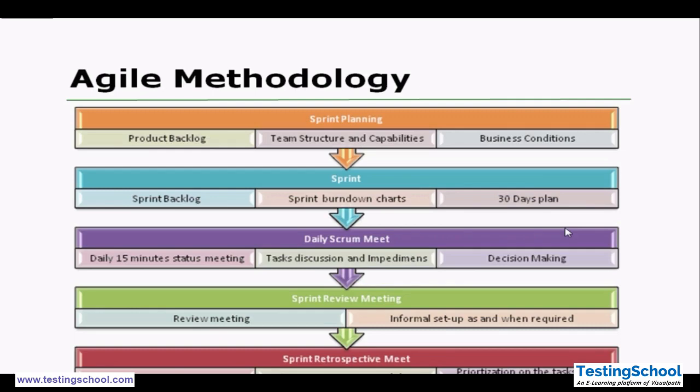Then we have the daily scrum meeting. There is one more criteria in the agile model, that we have a daily scrum meeting with the team, which has all the stakeholders like the business analyst, the developer, the tester. It can have the client also, but that is not necessary.